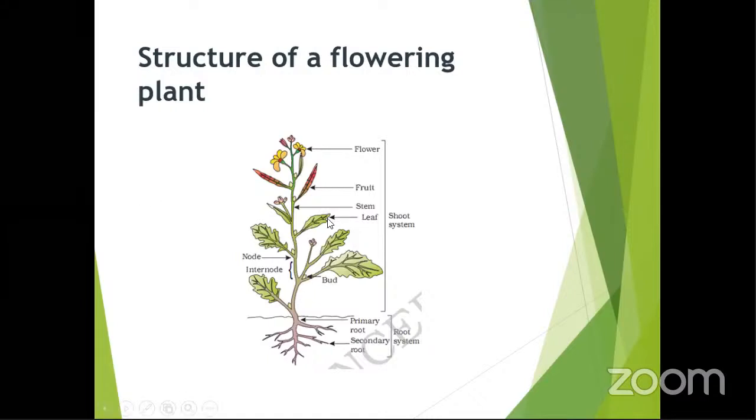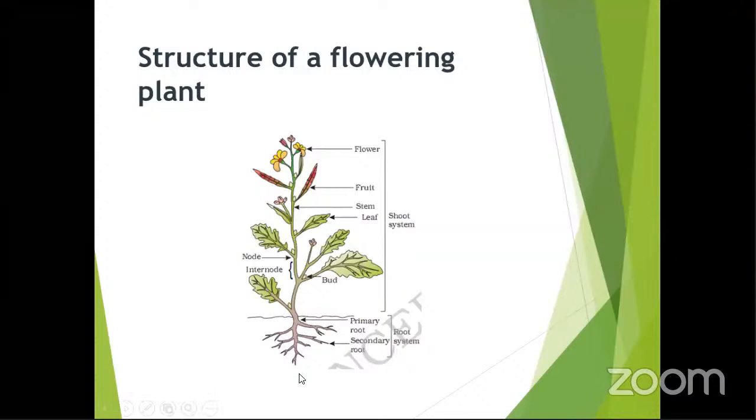Then we move on. We have the leaf. These leaves are green. When you look outside there, you will see green leaves. The reason why those leaves are green is because they have chlorophyll.